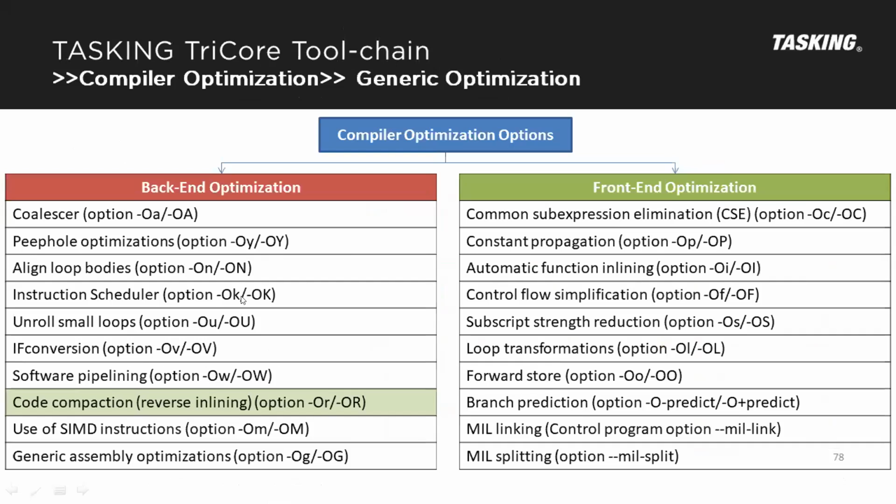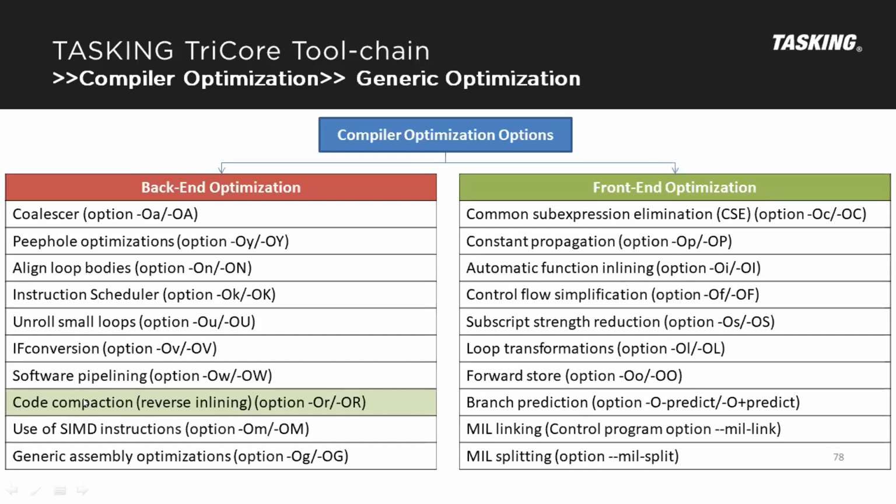All right, so let's see one more example here from the backend optimization, which is code compaction. The definition of code compaction is that it is the reverse of code inlining. Inlining means I have a certain snippet of code and I insert it in multiple parts of my code.